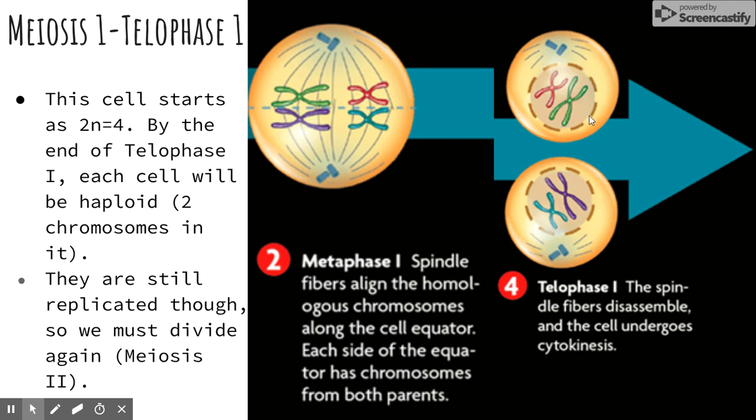We only have the green version of the big chromosome and only the red version of the little chromosome, and the opposite is true down here. These will not be replicated again. We will not go through another round of DNA replication. We're going to divide these cells as is.